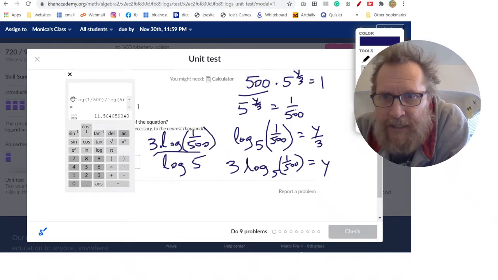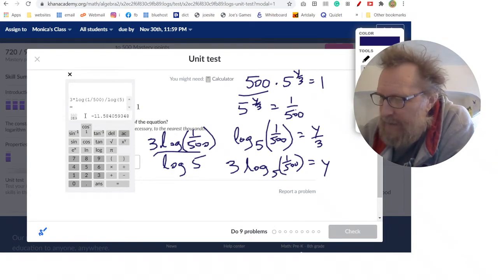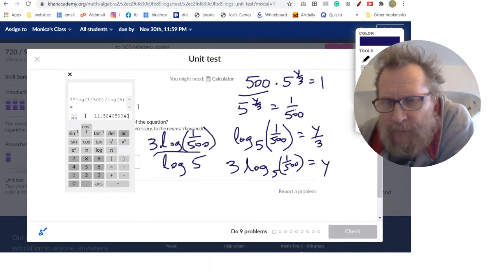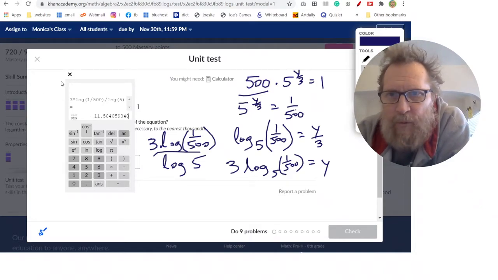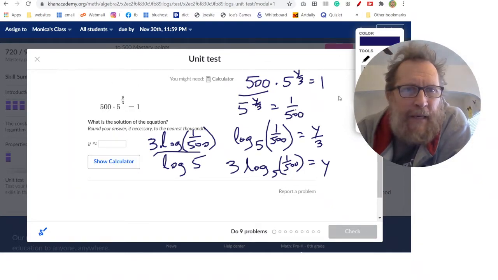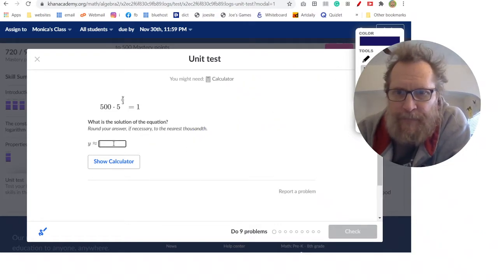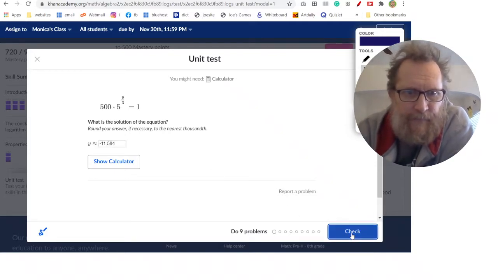There we go. 3 times log 1 over 500 divided by log 5 equals negative 11.584. Let's write this down. Negative 11.584. Okay, how do I clear those? Negative 11.584. Yay.